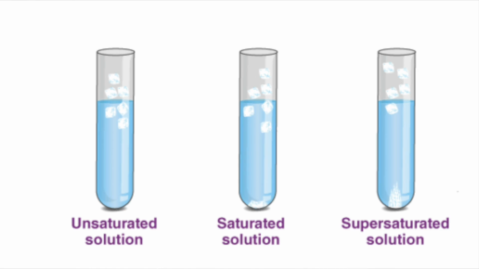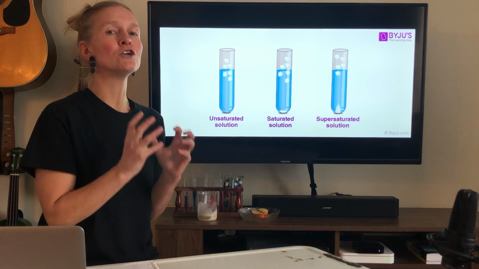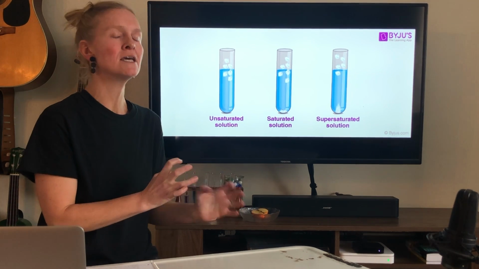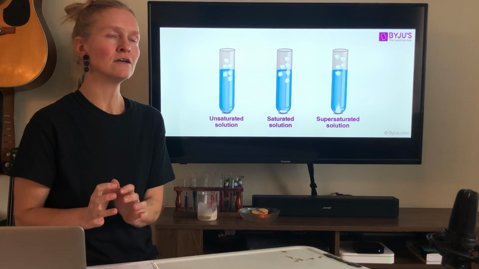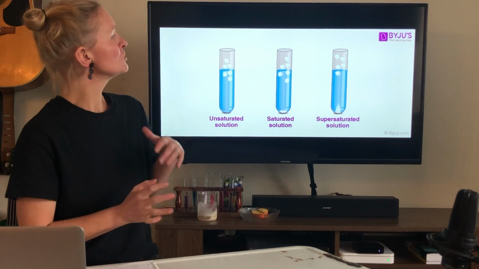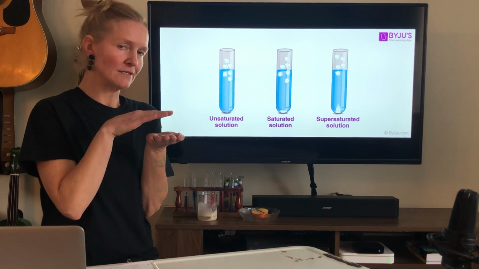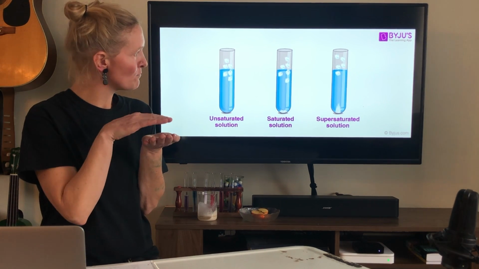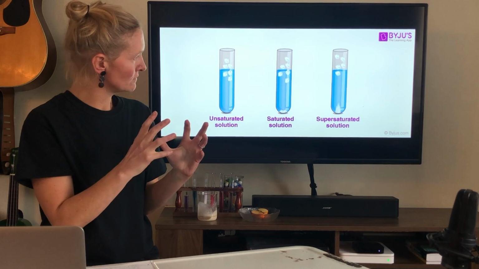The second example is called a saturated solution. And that's if you added more and more until you reach the point where no more solute can dissolve in the solvent.